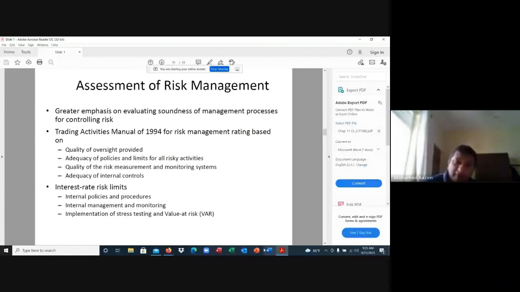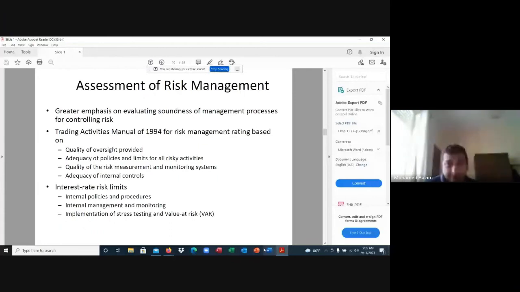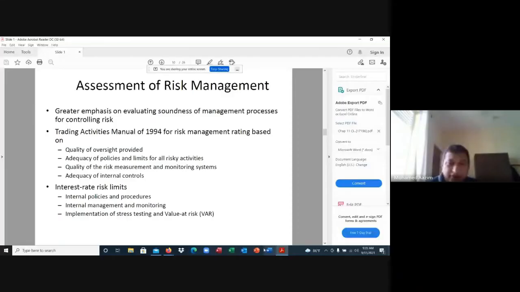If it is more than 100 million, CEO plus the dealer committee decision. If it is more than 1 billion, board of directors. So the way in which the management process is established.